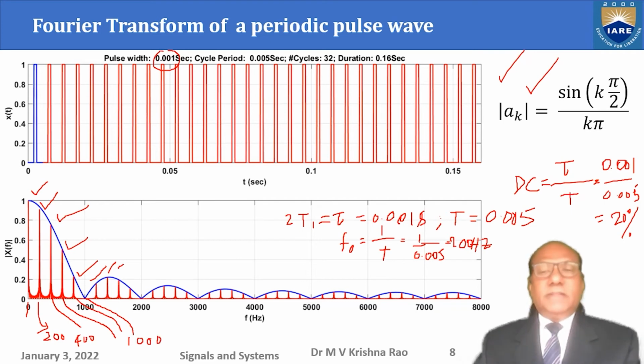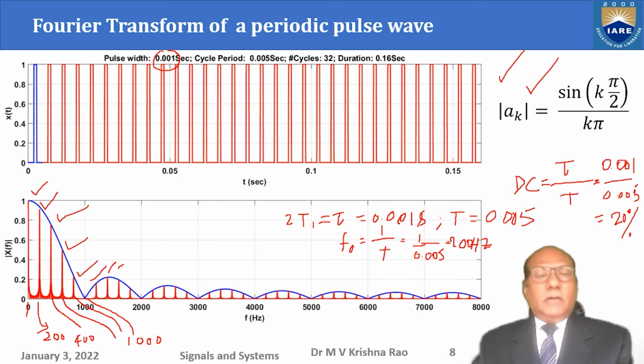So what it means is the spacing between the successive harmonics is 200 Hz. What is this 1000 Hz? How did you get 1000 Hz? I am calling this the bandwidth between first nulls, BWFN. So this is equal to 1 by tau. What is tau here in our case?